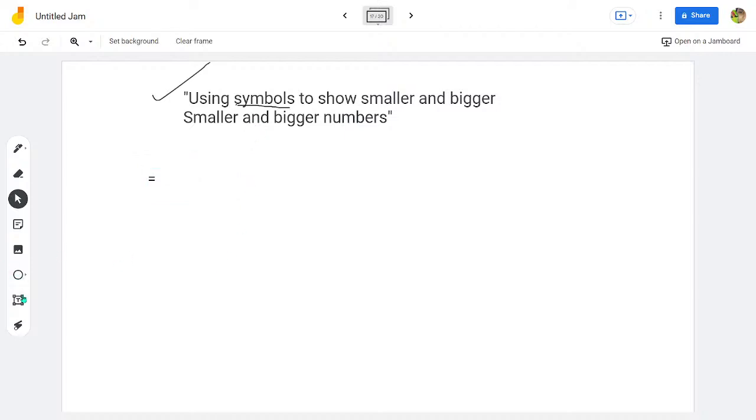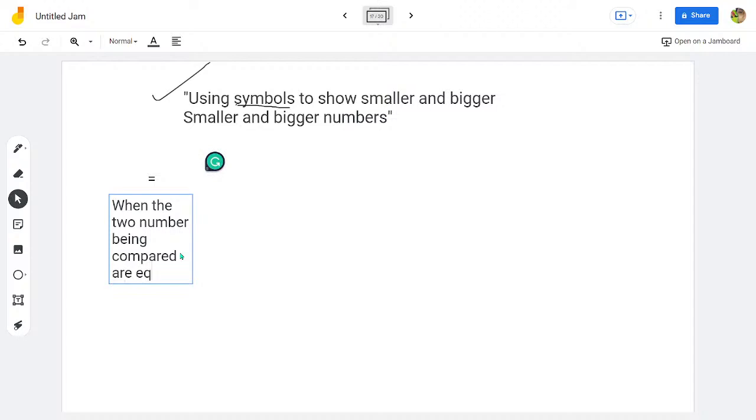Equal to symbol is used when the two numbers that we are comparing are equal to each other. When the two numbers being compared are equal or same, we compare such numbers using the equal to symbol.